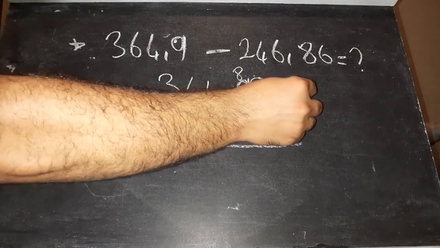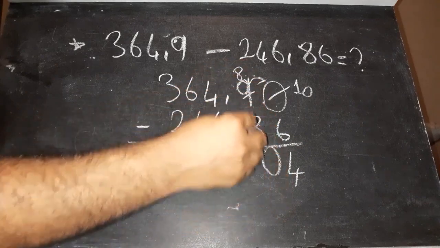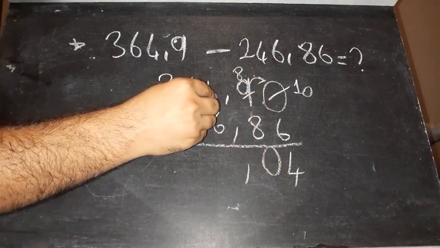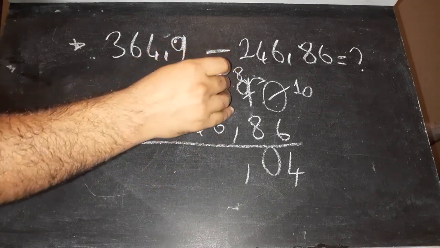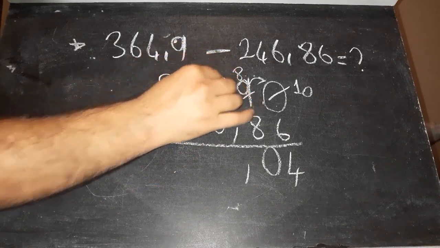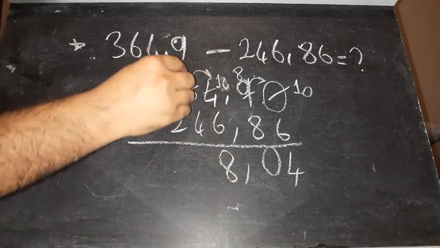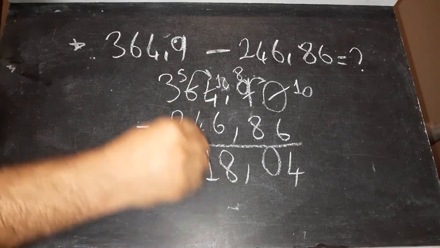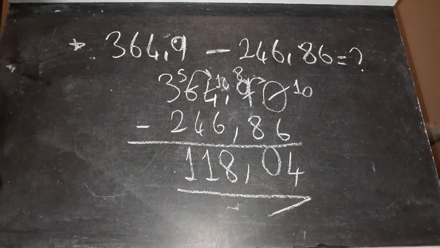So now 10 minus 6, 4. 8 minus 8, 0, comma. 4 minus 6, no, borrow, will be 14, will be 5. 14 minus 6 will be 8. 5 minus 4, 1. 3 minus 1, 2, 1. That will be your final answer, 118,04.